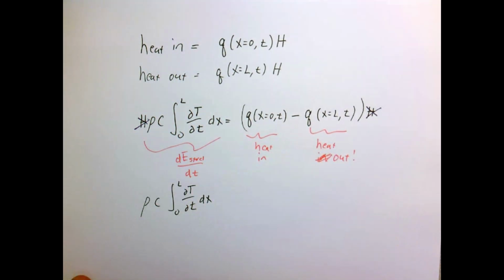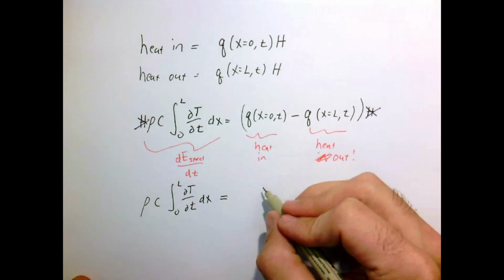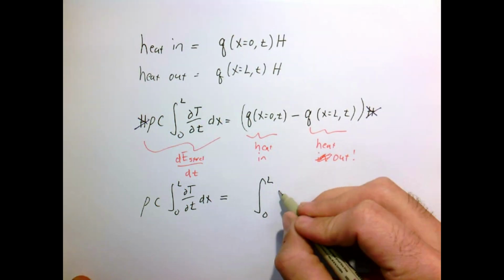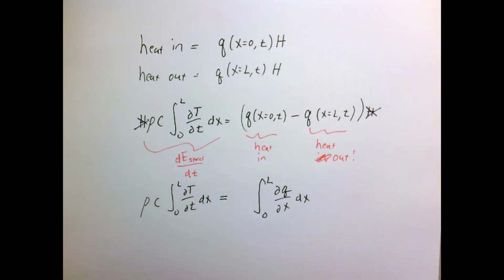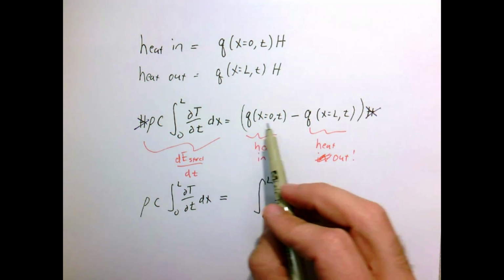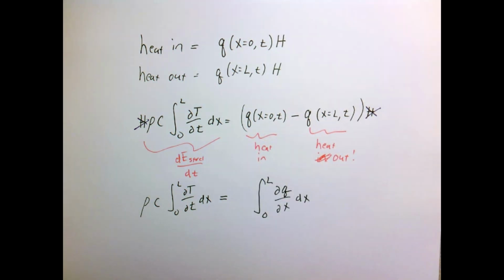I'll leave the term on the left alone, but I'm going to rewrite the term on the right using the fundamental theorem of calculus, which is nothing more than the definition of the derivative. If I take the integral of the derivative of a function, I just get the function evaluated at the 2 points.